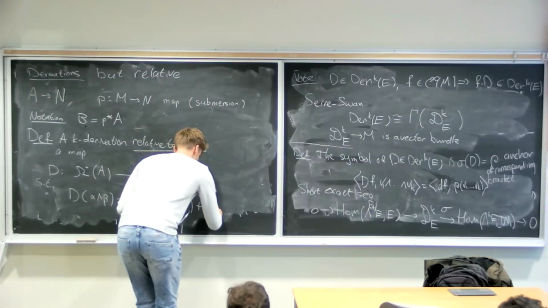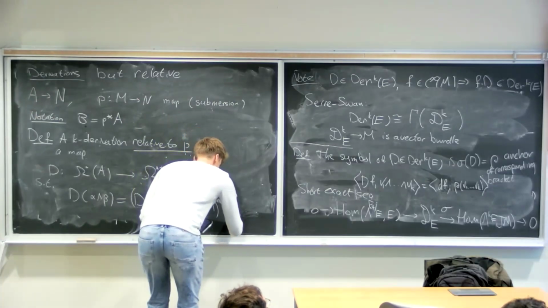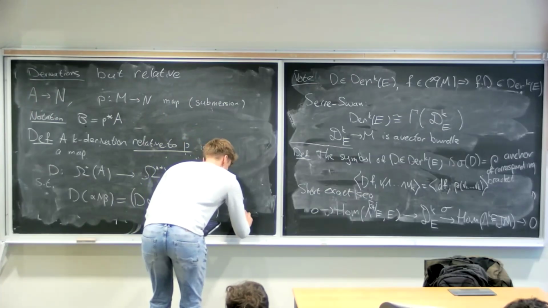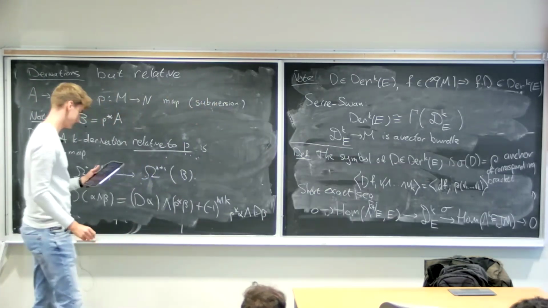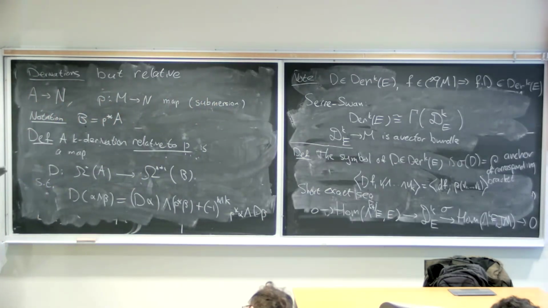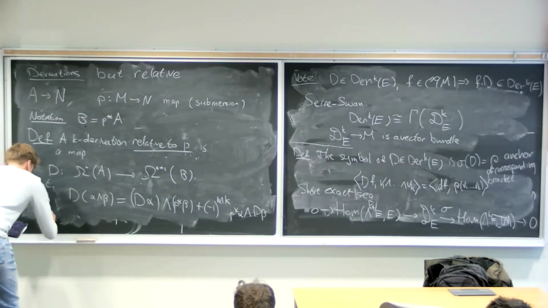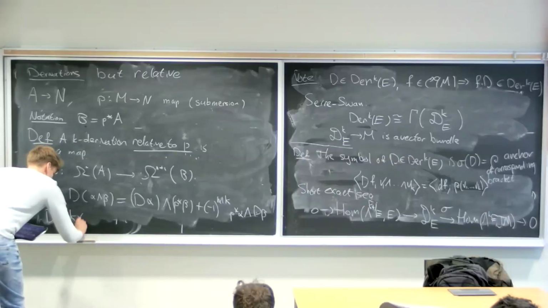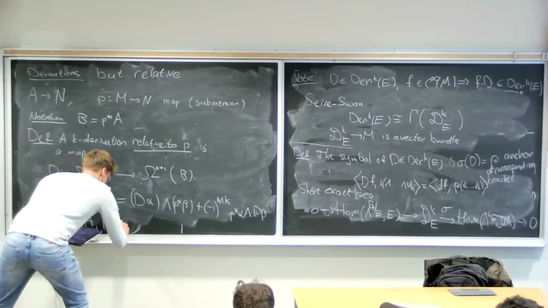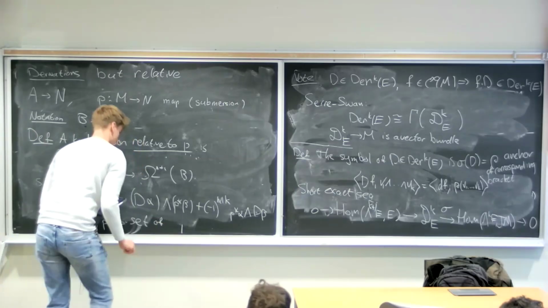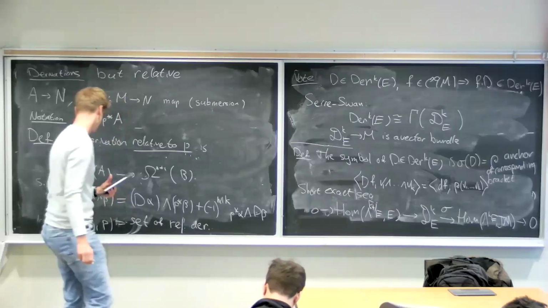Plus we have a sign coming from the degrees, minus 1 to the alpha k, and same story with alpha, we have to pull it back to B, D beta. That's the Leibniz rule. And the set of derivations relative to p would be the k derivations on A relative to p. That's the notation we use. Set of relative derivations.